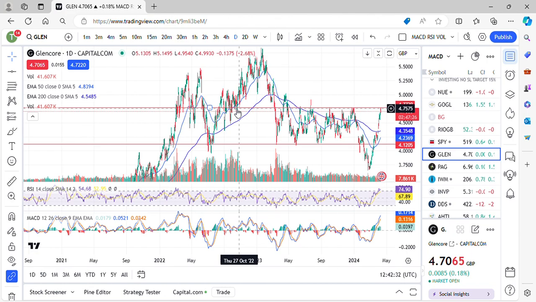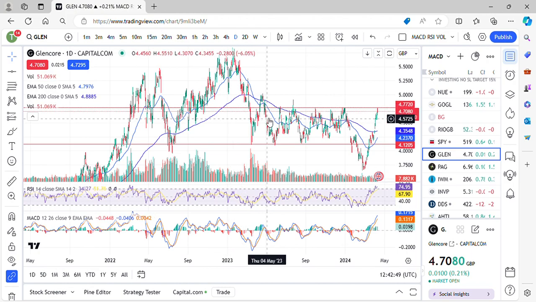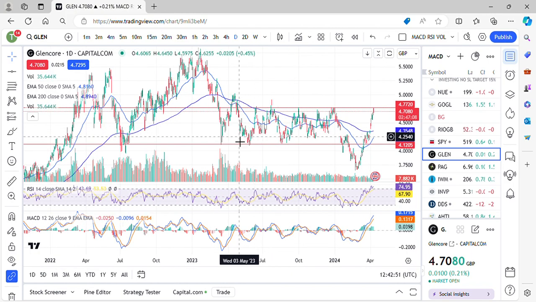But if you go back further, historically it was just smashing through these levels, and historically it did observe this support area here, but in terms of the upside it was just breaking through this level and there was no resistance there at all. So what's important is what's happening most recently. You can see here back as far as March 23, which is a whole year's worth of time, it's been trending within this channel.